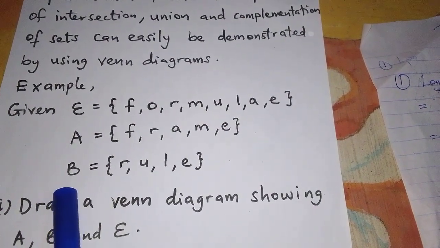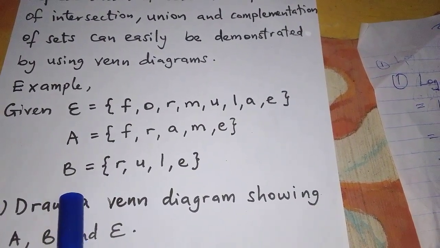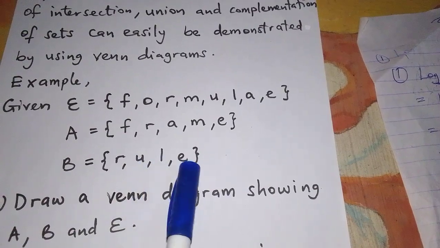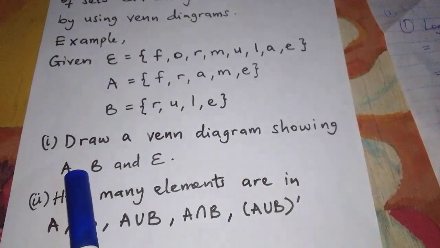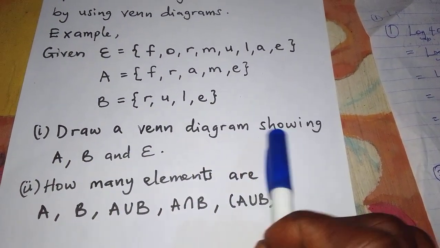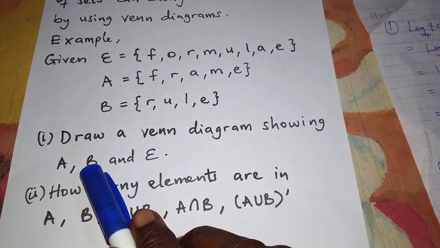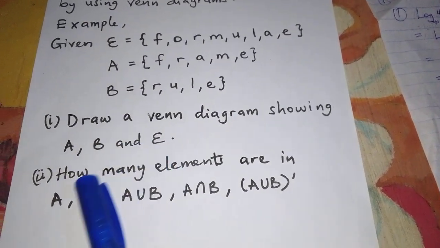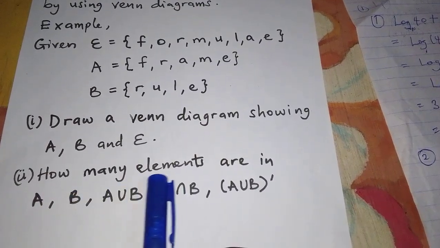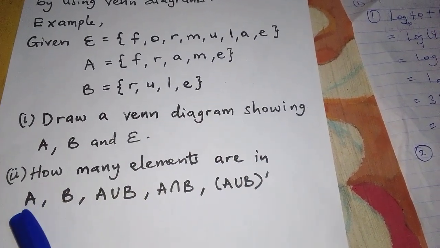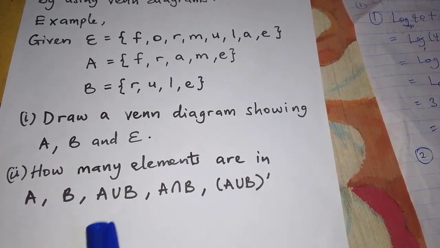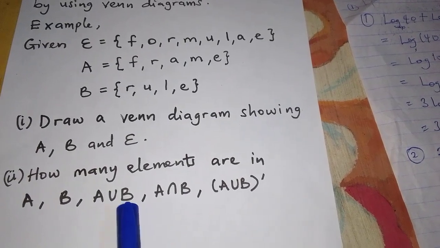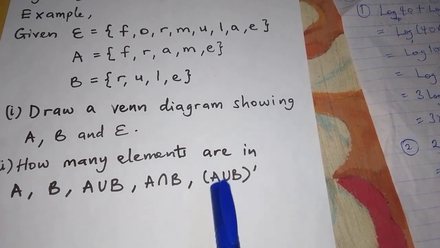In set B, you have letters from the word RULE. You are to draw a Venn diagram showing A, B, and the universal set. Then 2. How many elements are in set A, set B, A union B, A intersection B, and A union B complement?